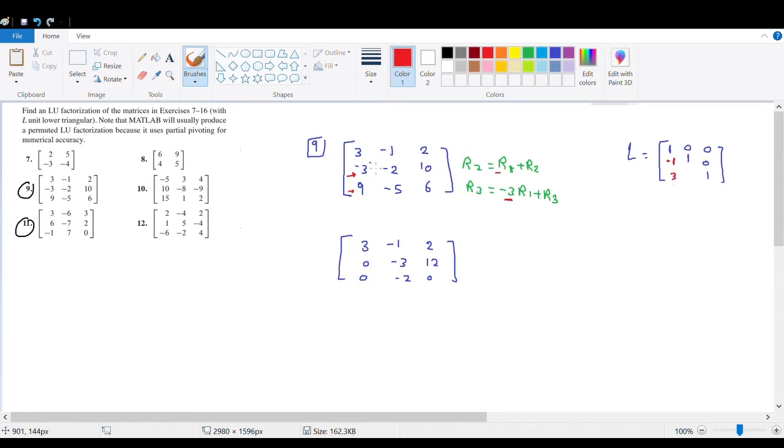So -3 here, to be 0 we add row 1 plus row 2. The coefficient of row 1 is just 1, so we put -1, the opposite sign. Here we have 9; to make it 0 we use -3 row 1 plus row 3. So for -3 row 1 we will take 3 here.